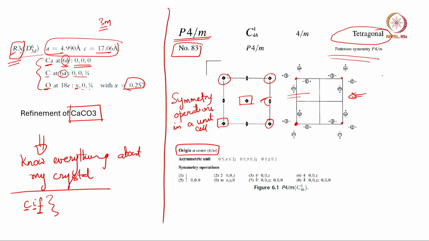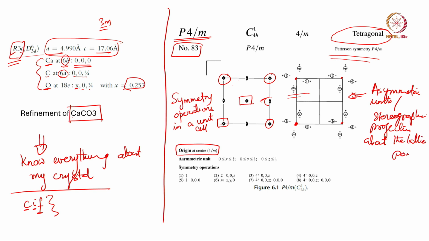And this is the representation of all the asymmetric units and their stereographic projections about the lattice points. So you are combining both lattice points and their stereographic projections. Looking at this figure, we understand what the different symmetry operations are that exist.